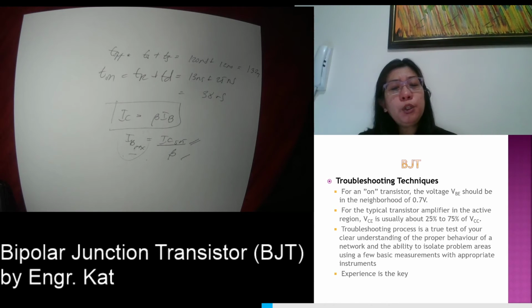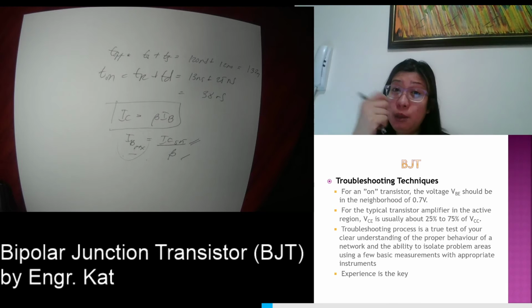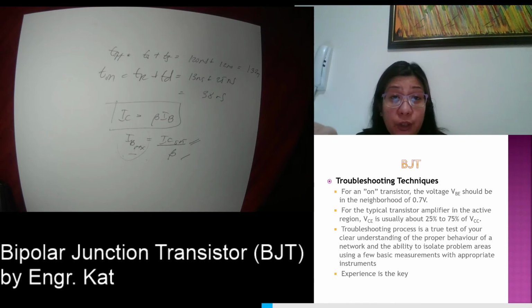Okay? So the troubleshooting process is a true test of your clear understanding of the proper behavior of a network and the ability to isolate problem areas using a few basic measurements with appropriate instruments. So you have to test for this value. Okay? For example, you are measuring your IB and you find out that your IB is greater than your IC.